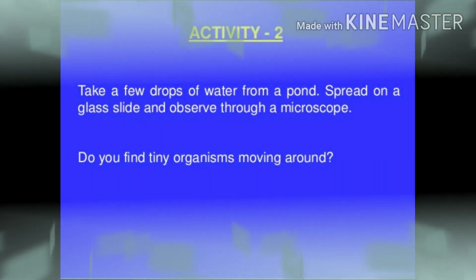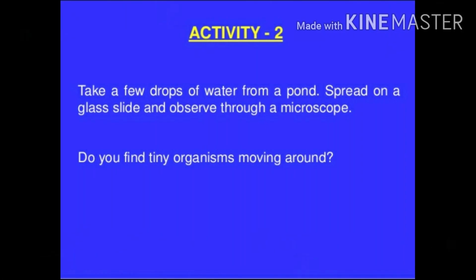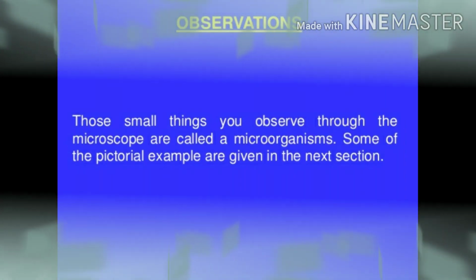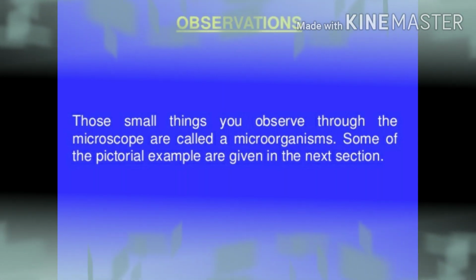Next, second activity. Take a few drops of water from a pond, spread on a glass slide and observe through a microscope. Do you find tiny organisms moving around? Yes, we can observe a large number of minute organisms moving or floating in the water. By all these activities, we can observe that small things seen through a microscope are called microorganisms.